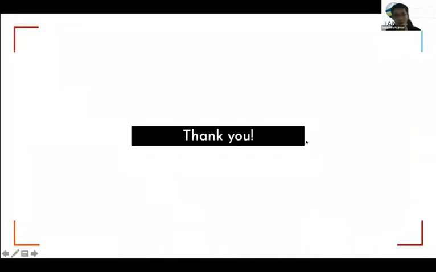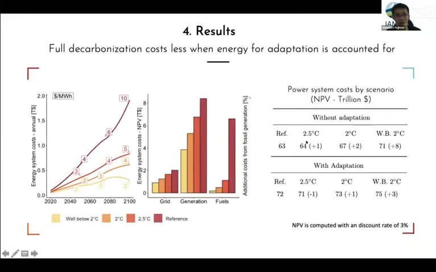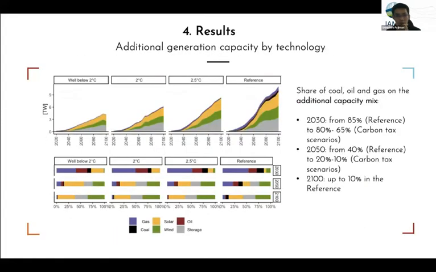Is it that the power system has already become a very low carbon system in different scenarios, or is it just the additional capacity that looks like this, and the rest of them are relying on fossil fuel?